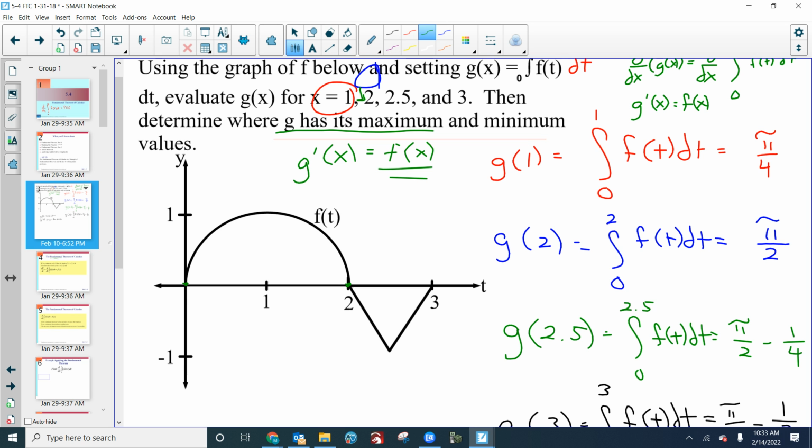Question. What is the absolute minimum on G? Give me the y value. Cool. It's the first endpoint at x equals 0 because that's the lowest point it is. The negative from 2 to 3 doesn't negate the positive from 0 to 2. Give me the value. 0.